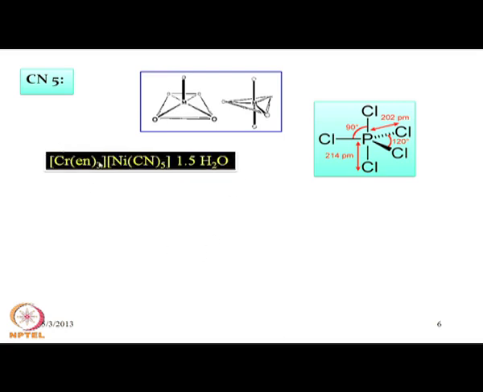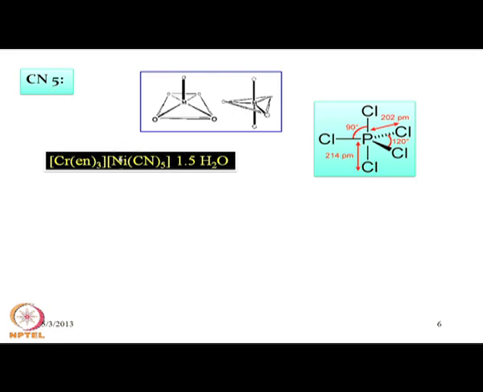A typical example we all know is a species where the cation is a complex species as well as the anion. Here the cation, which surrounds the chromium center with 3 ethylene diamine molecules, is basically the octahedral one, and that we will discuss very soon after coordination number of 5.